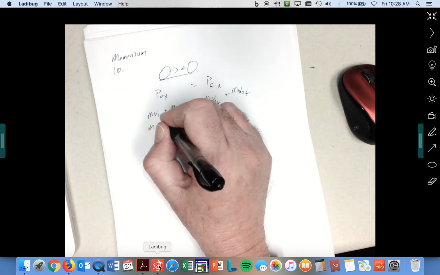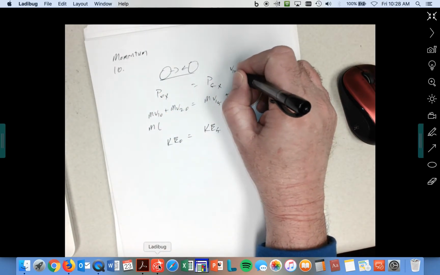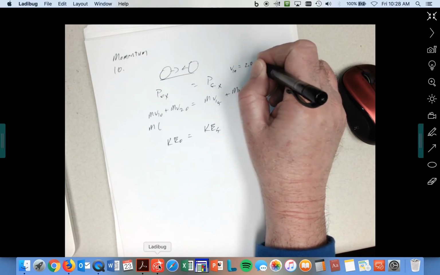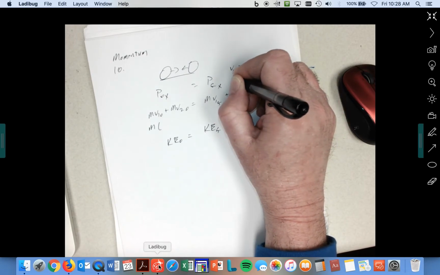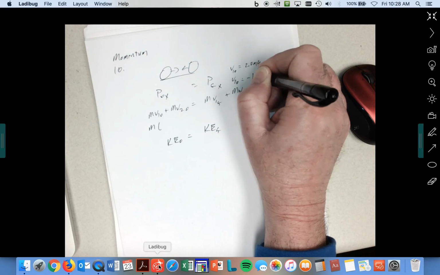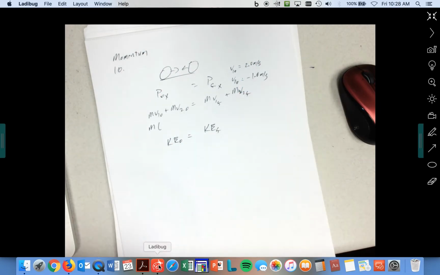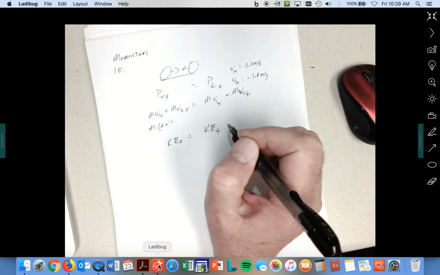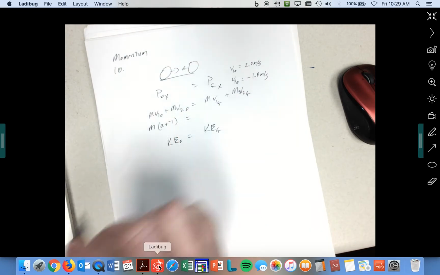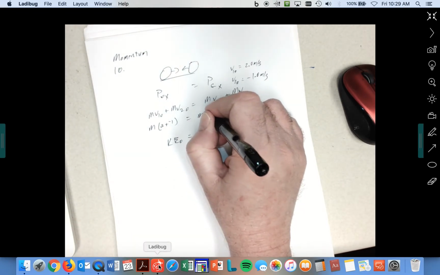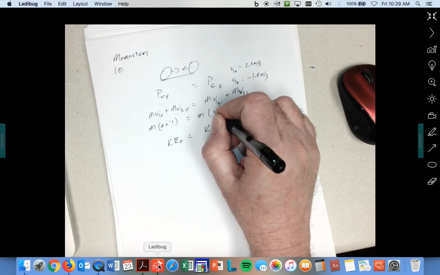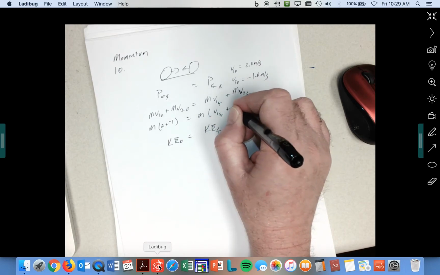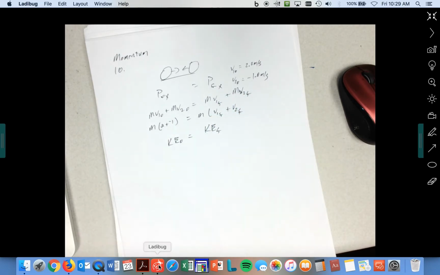So v1 initial is equal to 2 meters per second. And here's where you've got to be careful. v2 initial is equal to negative 1.0 meters per second. Remember, momentum is a vector. So we've got 2 plus negative 1 here, is equal to m times v1 final plus v2 final.